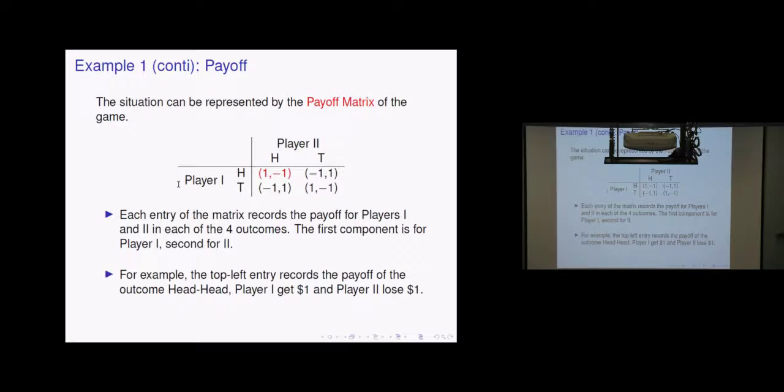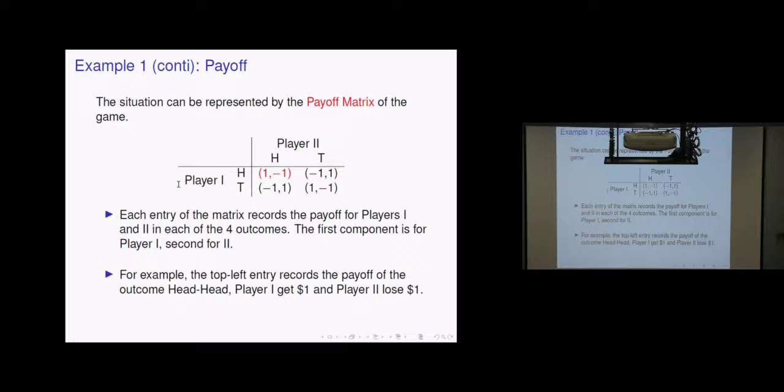So the first component stands for this: if the profile is HH, then player 1 will get $1. Now player 2 will lose $1. If you read the second component, that is the payoff for player 2. It is -1, he loses. So this is quite natural.